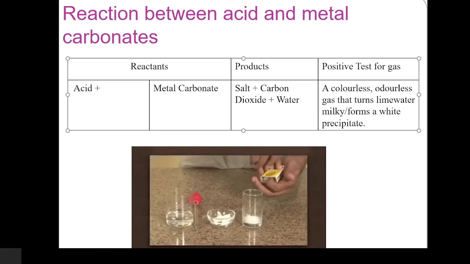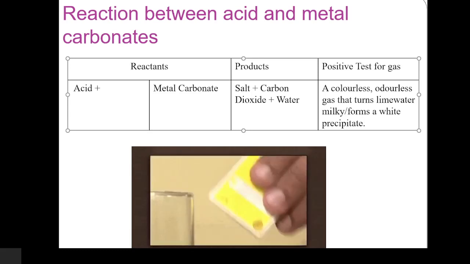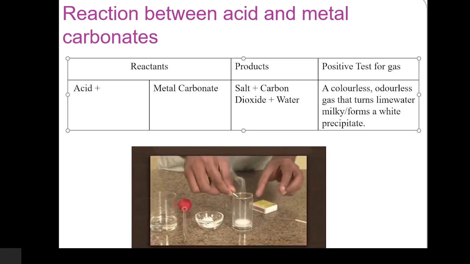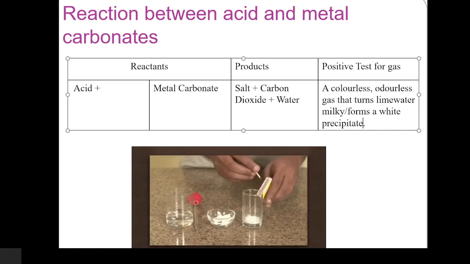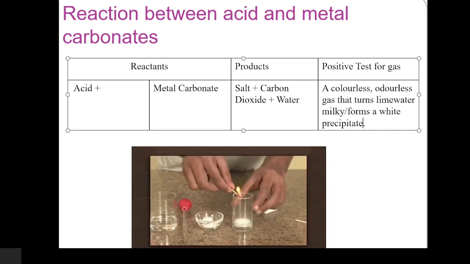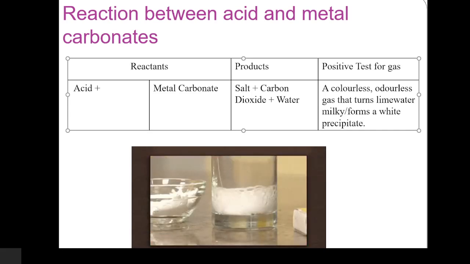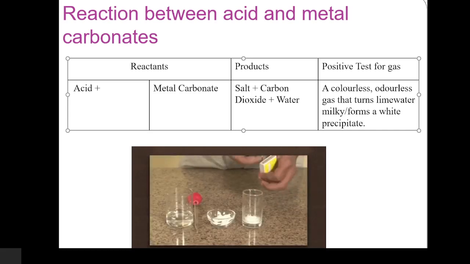If we look at the picture below, it shows how carbon dioxide is being formed when an acid reacts with a metal carbonate, as well as another test being done to confirm its presence.